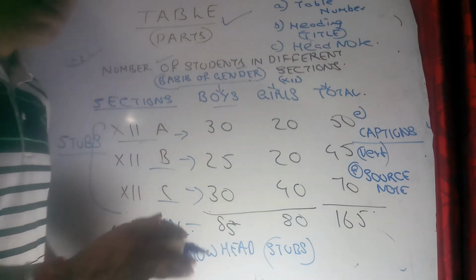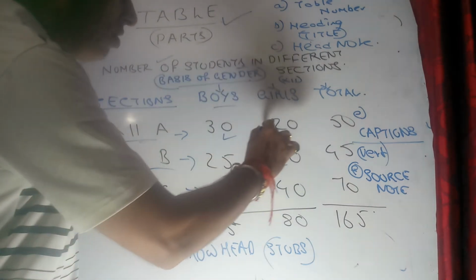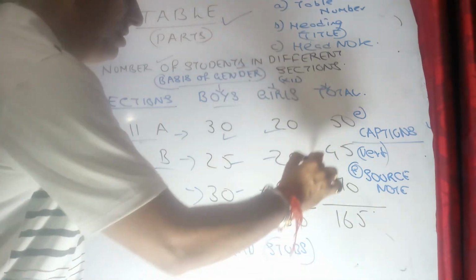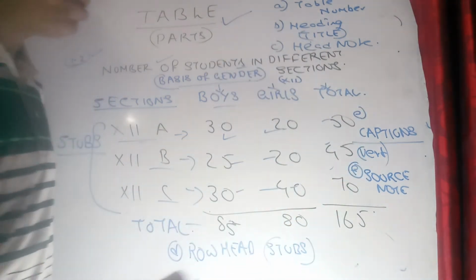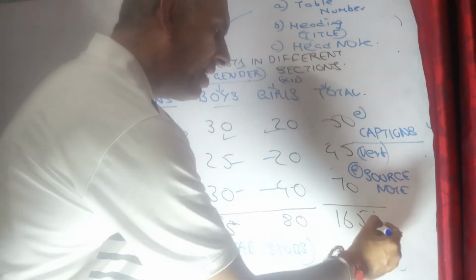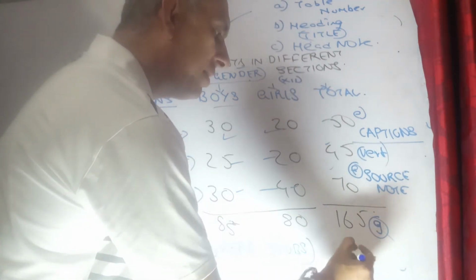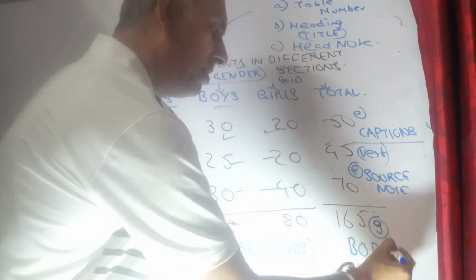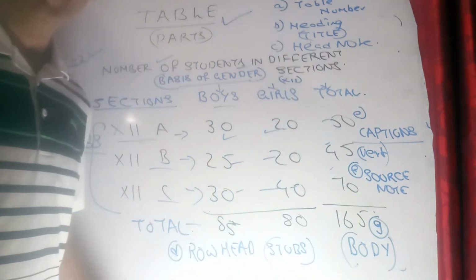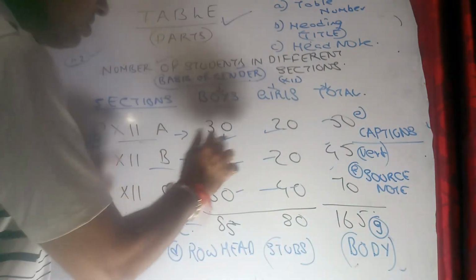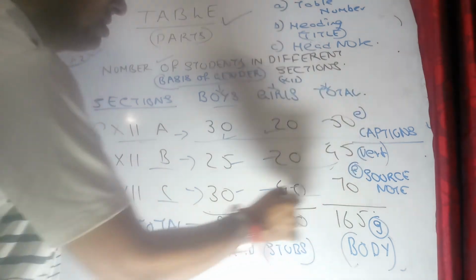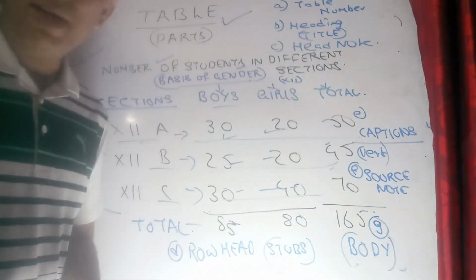The most important part which I would like to highlight here, where quantitative values are given to you, which makes up your analysis, is referred to as the body of the table. Mark it down. This is what the body of the table is: various facts in number terms.